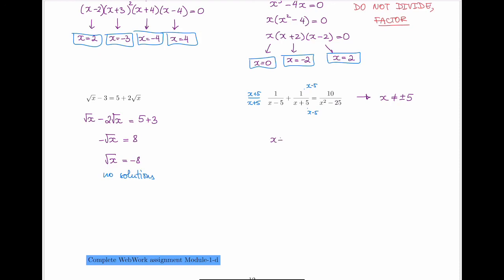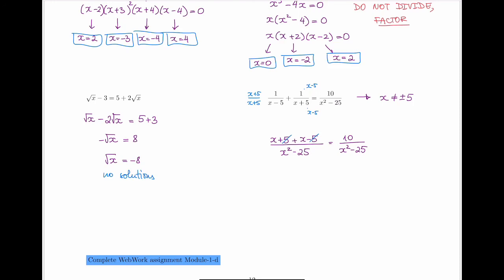On top, I'm going to have x plus 5 from the first fraction, plus x minus 5 from the second fraction, and the common denominator will be x plus 5 times x minus 5, or x squared minus 25 if I open up the brackets. Now this conveniently turns out to be the exact same denominator as the one on the right. So first I notice here that, for example, the 5s will cancel each other out.